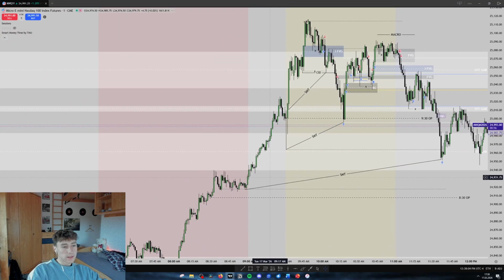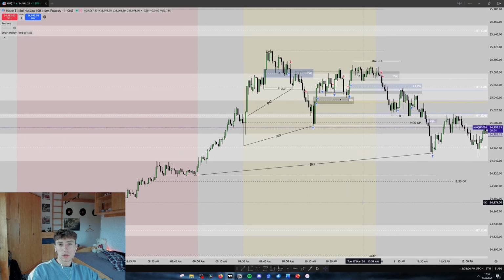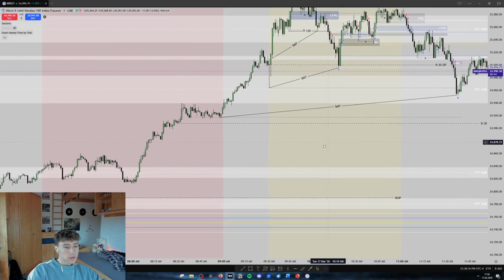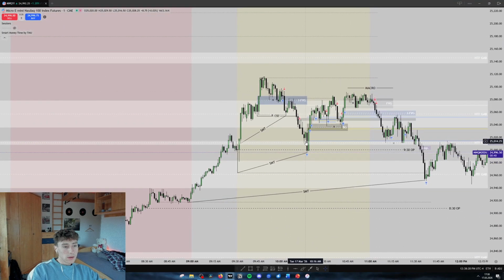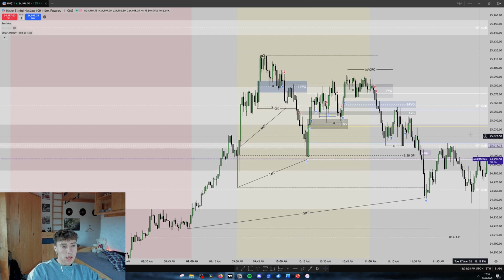Still, it's not really a session liquidity sweep, which I really want to see for a market maker buy model. But sometimes, if we are in bullish conditions and not too overextended, and we still want to see higher prices get met, then we are able to form a market maker buy model in here, and that would have been enough.